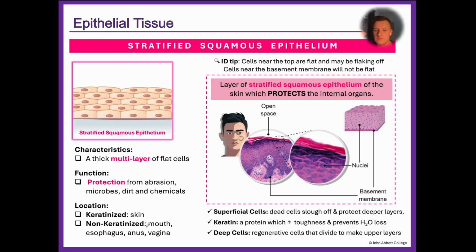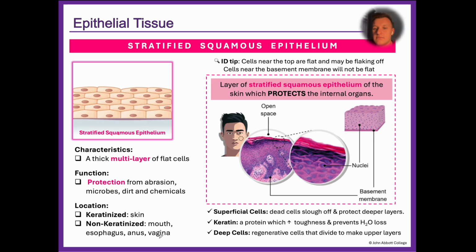Any opening into the body, such as the mouth, the esophagus, the anus, or the vaginal canal, all of those are non-keratinized. If you touch the outside skin, right, and you touch inside your mouth, it feels different, right? There's kind of this tough layer on your actual skin that's different than the one in your mouth that's a little bit more soft, right?